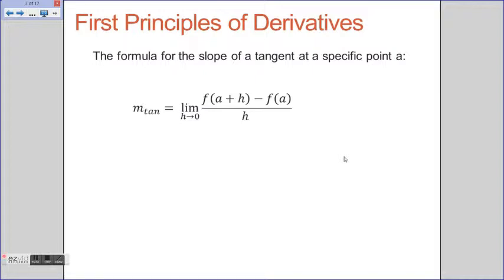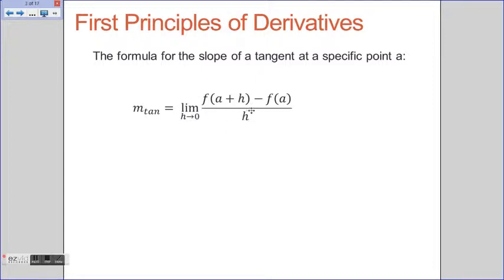The formula for the slope of the tangent at a specific point, which we're going to represent as m subscript tan, is equal to the limit as h approaches 0 of f(a + h) minus f(a), all over h. You'll recognize this as your average rate of change, except what we've added now is the limit as h goes to 0.